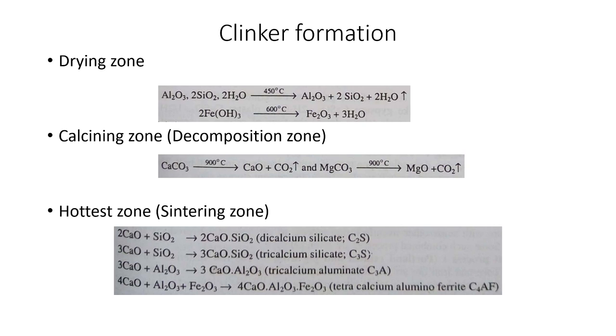The nature of reactions taking place in different zones are like this: the drying zone, calcining zone, and hot zone. All these processes taking place in the kiln at different zones are indicated in this chart.